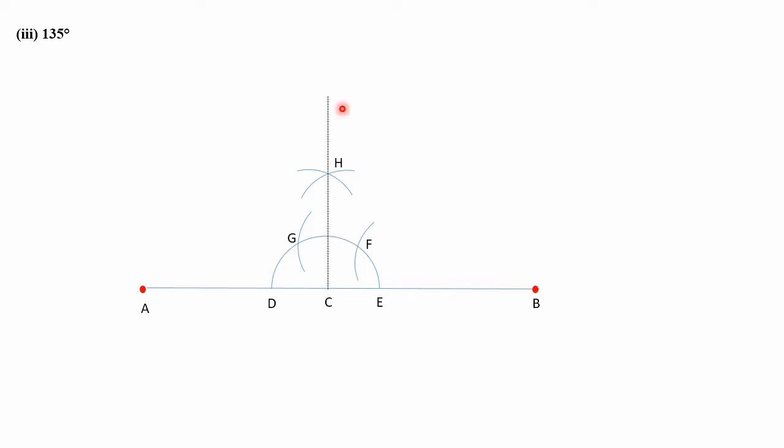Now as before we have drawn a 90-degree angle, that is HCB is 90 degrees.